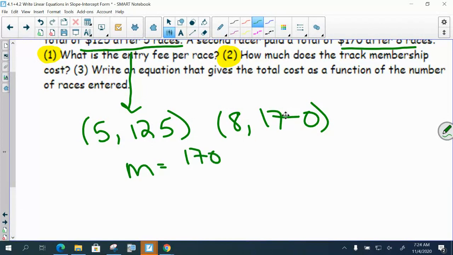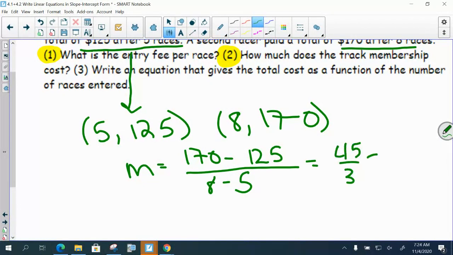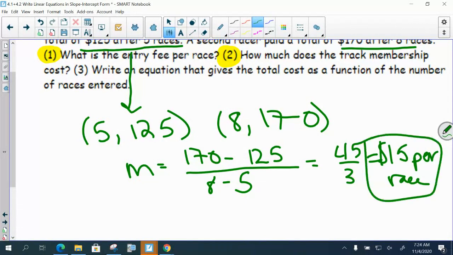I always like to do the bigger number minus the smaller number, so I get a positive slope if possible, instead of negative divided by negative, and then 8 minus 5. So this gives us 45 over 3, which then would be $15 per race. So $15 per race. That is the m.